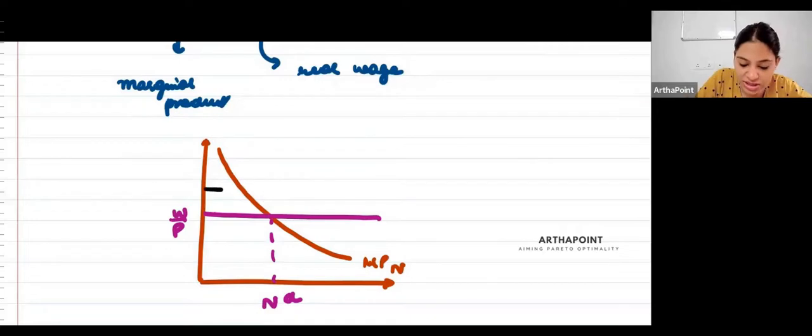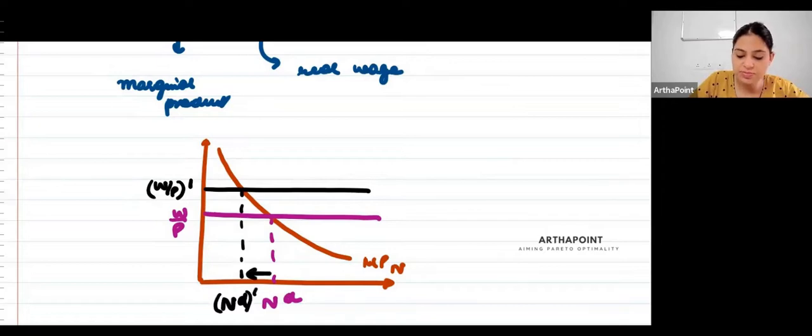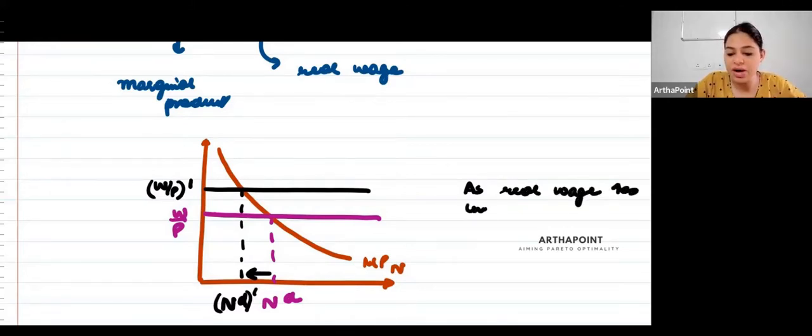If your wage increases, suppose this is W by P dash, if the real wage increases, then the demand of labor would decrease. So as real wage increases, the demand of labor decreases, which means demand of labor can be plotted as a downward sloping curve. The more the wage the organization has to give, the less labor it is going to demand.